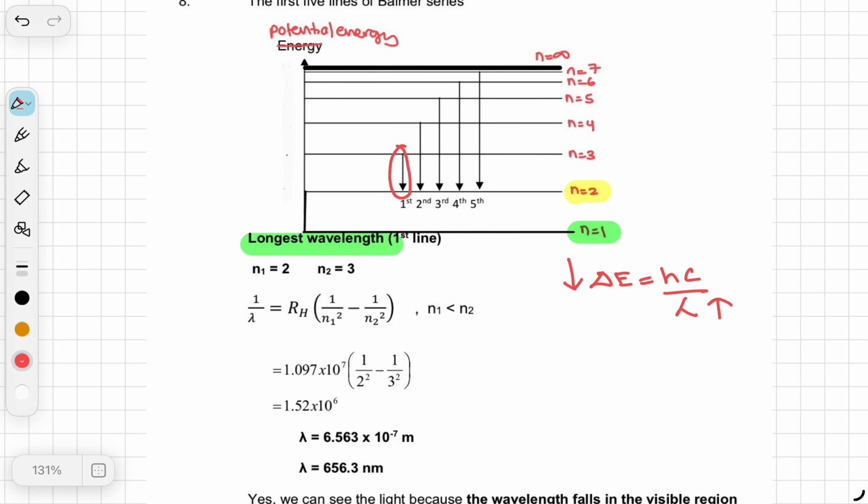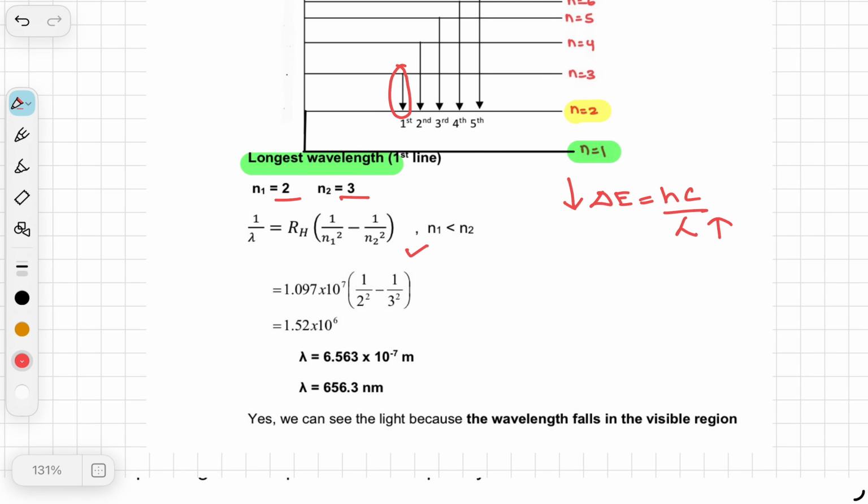So now the first transition is from n3 to n2. Substitute in the formula correspondingly and you will get the lambda value. The question wants you to give the answer in nanometers. How do we convert meters to nanometers? You multiply it by 10 to the power of 9.